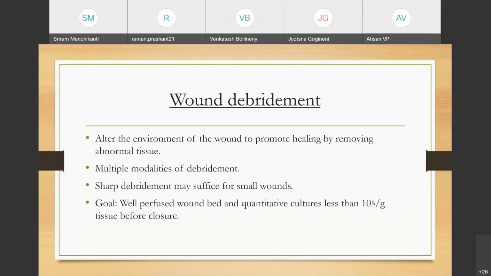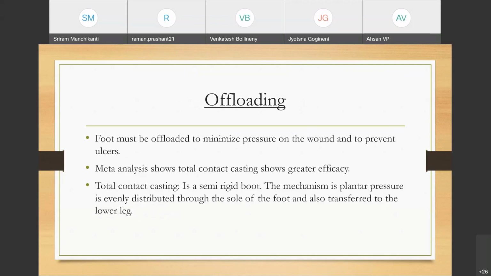The goal of any debridement is to have a well-perfused wound bed with quantitative cultures of less than 10 to the power of 5 colony-forming units in tissue before adequate closure. There are multiple modalities, but commonly used is sharp debridement. There are other modalities like hydrojet and Versajet, which are commonly used for debridement.